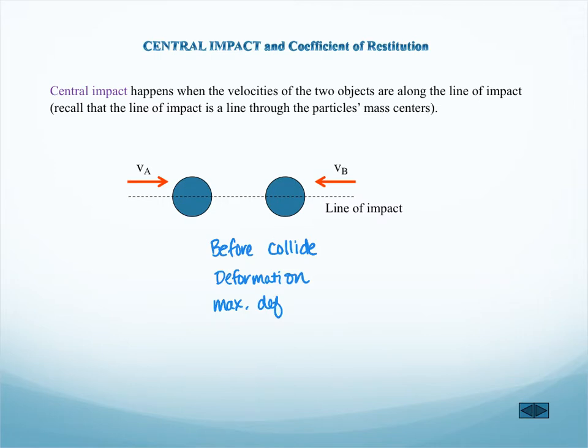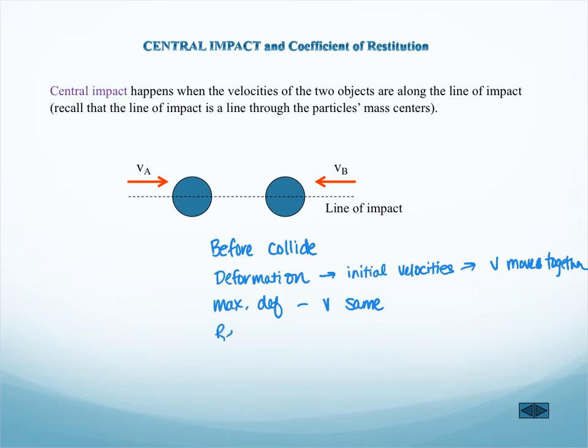In a sense, during the deformation, the objects are going from their initial velocities to the velocity at which they move together. And we'll see this later in a picture. At maximum deformation, they have the same velocity because the two objects no longer have any relative motion; they're moving together and they're deformed as much as they can.